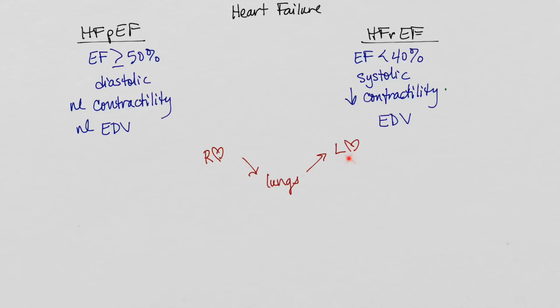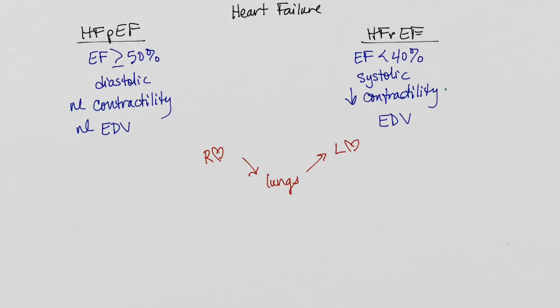Even if you're having normal volumes on the left side of the heart, you're still getting those backward symptoms of heart failure, and you're getting pulmonary edema, interstitial edema, dyspnea, hypoxemia, and all of that. And if you remember from the congenital heart disease lectures, the pulmonary vasculature does not deal well with increased pressures. It's meant to be a low pressure system.